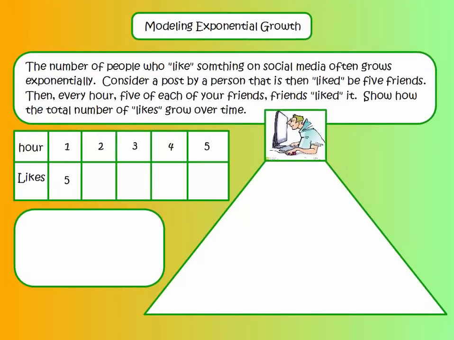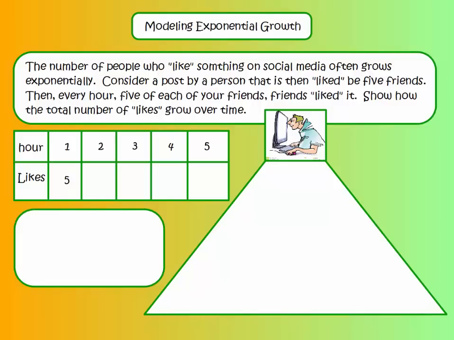All right, let's see how this works. The number of people who like something on social media often grows exponentially. So consider a post by a person that's then liked by 5 friends. Then, every hour, 5 of each of your friends like it also. So let's show how the total number of likes grow over time. You obviously are the first person to like it, right?